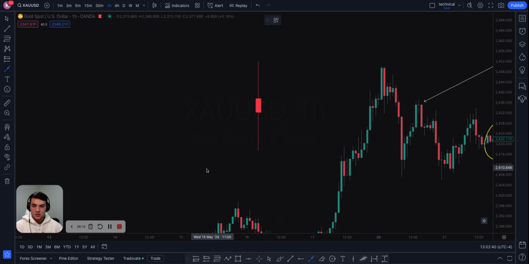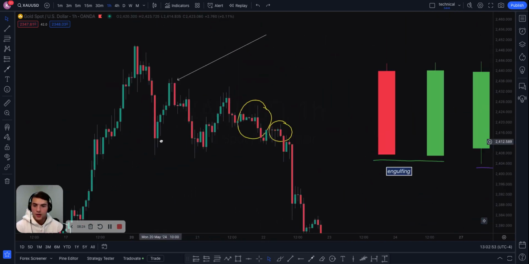Most of the times, price went up, created this indecision candle, and then price went back down. All right, so you have to pay attention to all of these candles for you to act and make money on it.